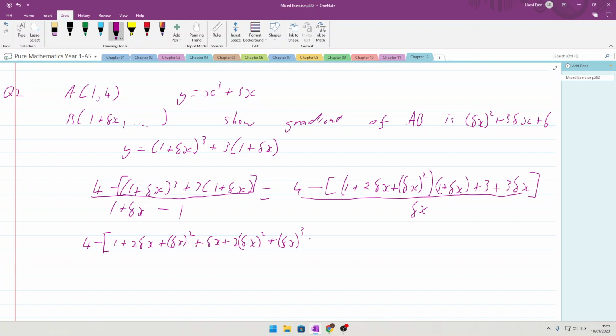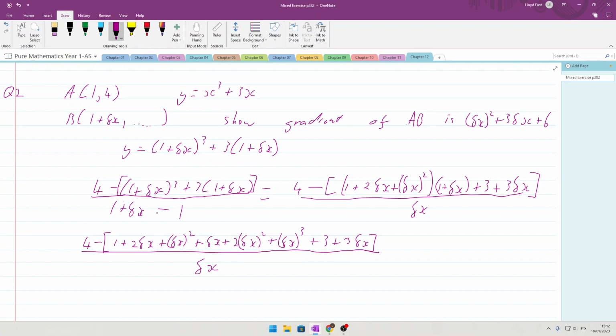Okay, and we still got that plus 3 delta x on the end from the 3 times 1 plus delta x bracket, still all being divided by a delta x.